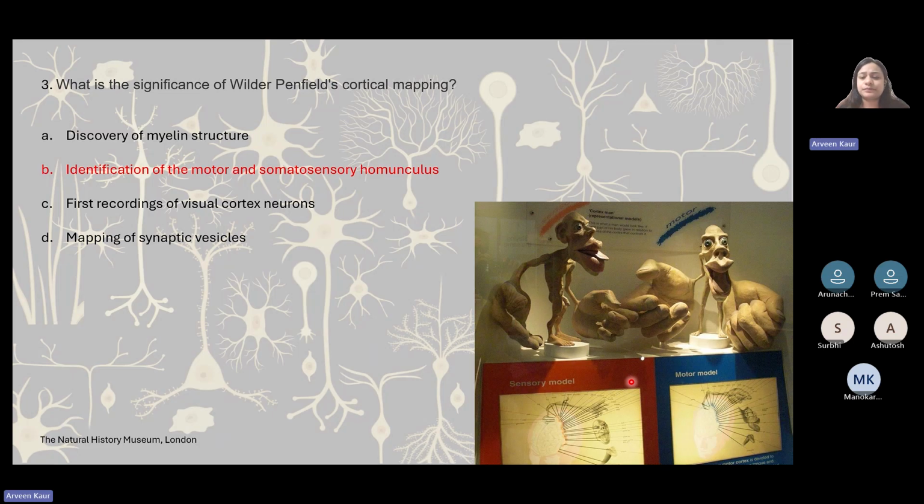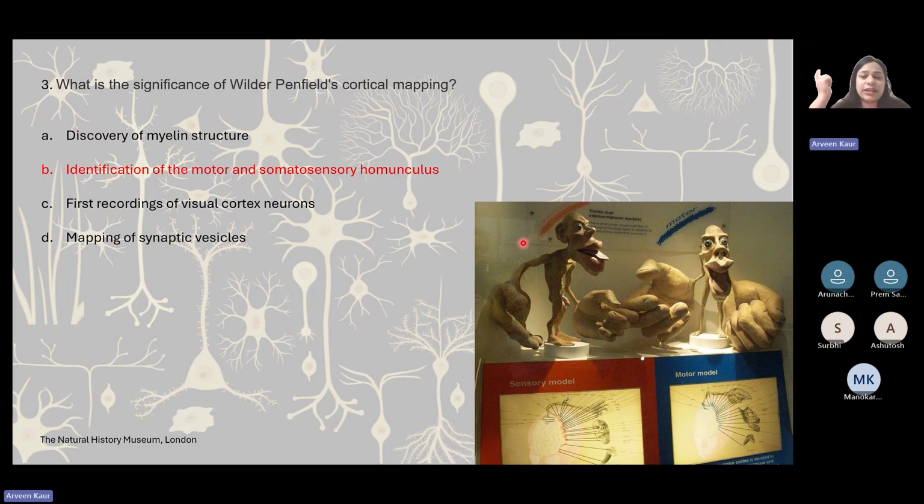So more area is dedicated to parts which are more active and perform more diverse kinds of motor functions, right? Again, you can see in the sensory model the ear has a good enough area dedicated to it, but we are not performing any motor function with the ear.